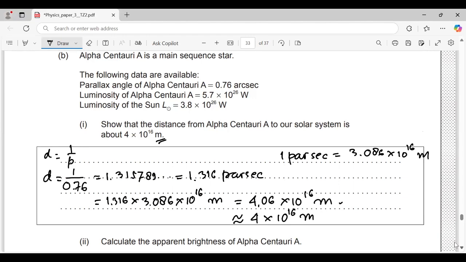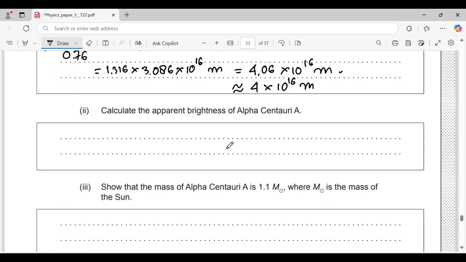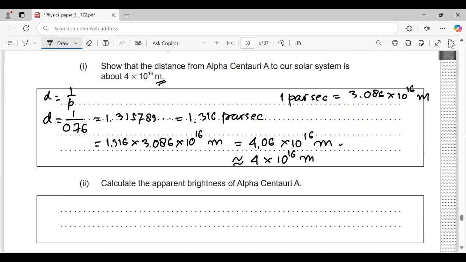Right. Calculate the apparent brightness of Alpha Centauri A. So just now, in number one, we showed that the distance from Alpha Centauri A to our solar system is about 4 times 10 power 16 meters. Now, calculate the apparent brightness of Alpha Centauri A. We can use the formula for flux, F equals L over 4 pi d squared.